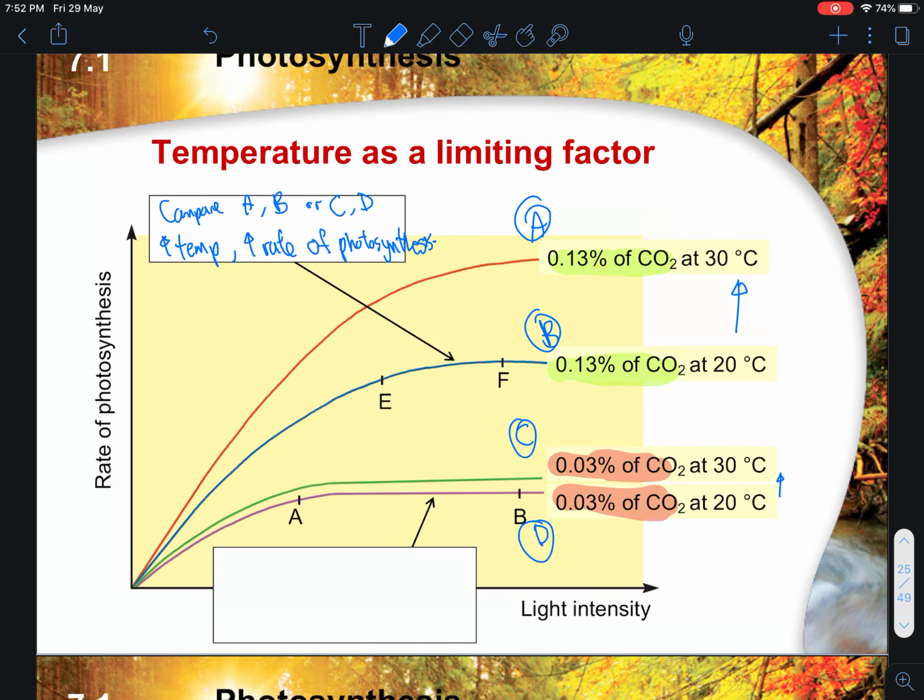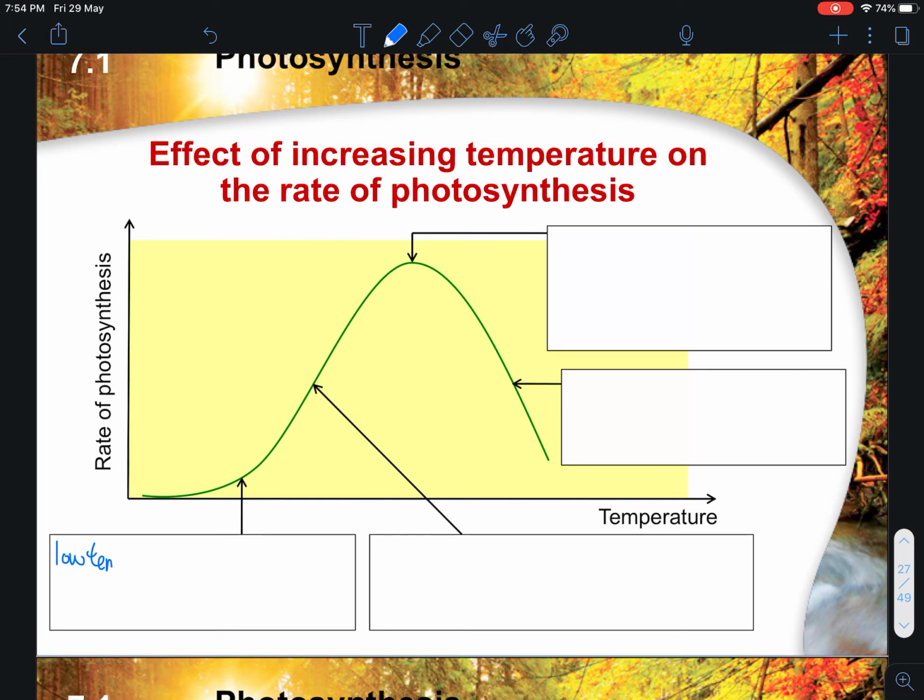So this one is, again, very straightforwardly explained. You can say at low temperature, there is low kinetic energy. Having low kinetic energy, you have lesser frequency of effective collision between the enzyme and the reactants for photosynthesis.